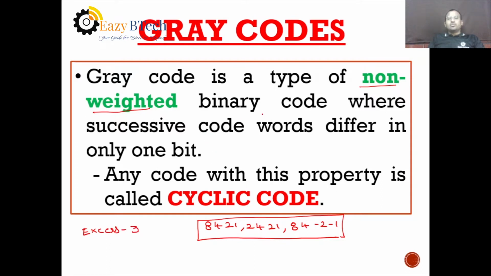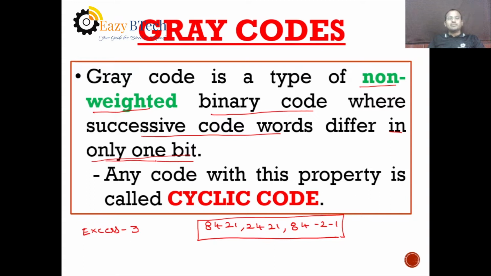This gray code also comes under non-weighted binary codes, where successive code words differ in only one bit. This is the major difference between the codes we have seen already and the gray code. In gray code, if you take any two successive code words, they differ in only one bit.